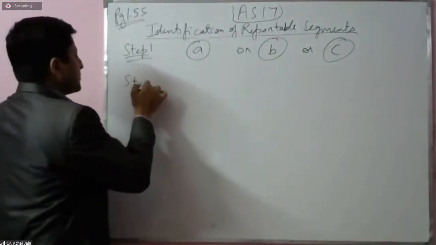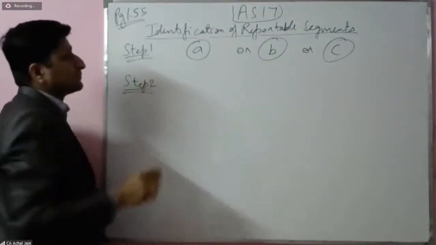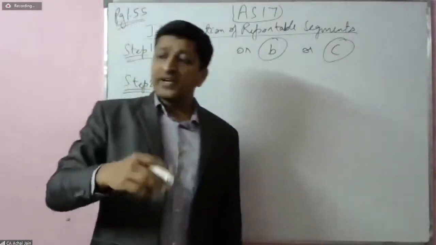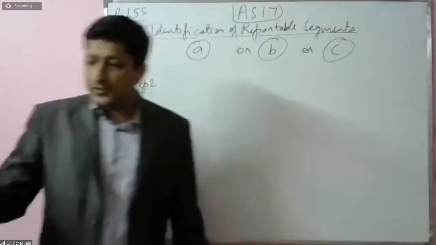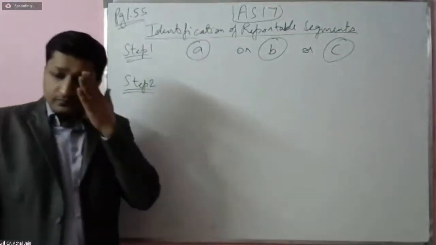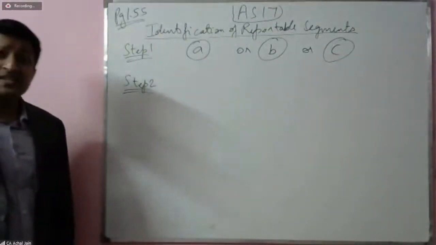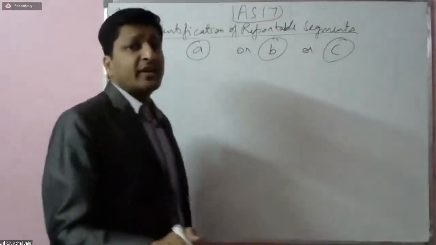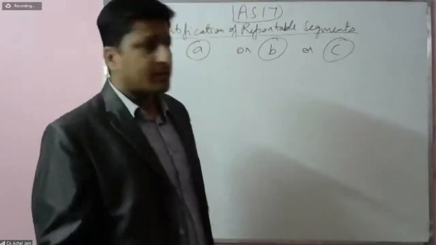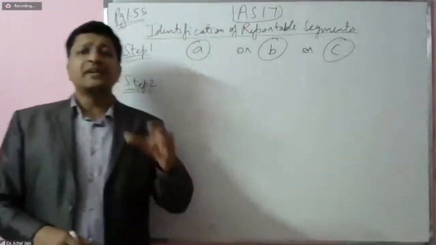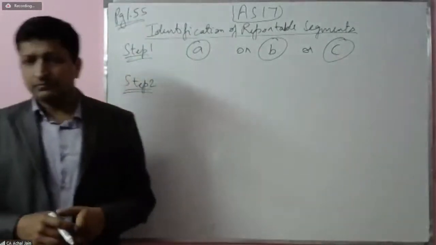We also have step 2. Once we discuss step 2, then we'll go to the illustration. Okay. Now what's the next step? In step 1, what did we identify? Reportable segment. Step 1 will give us the reportable segments.